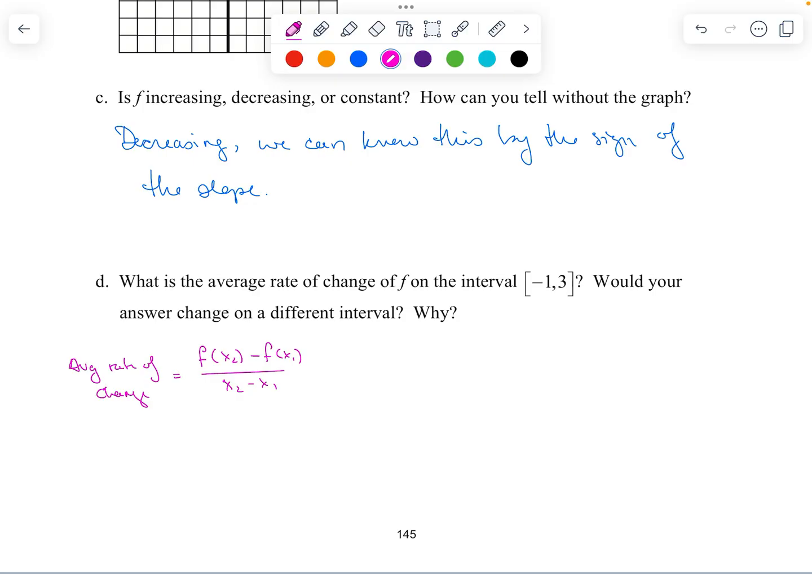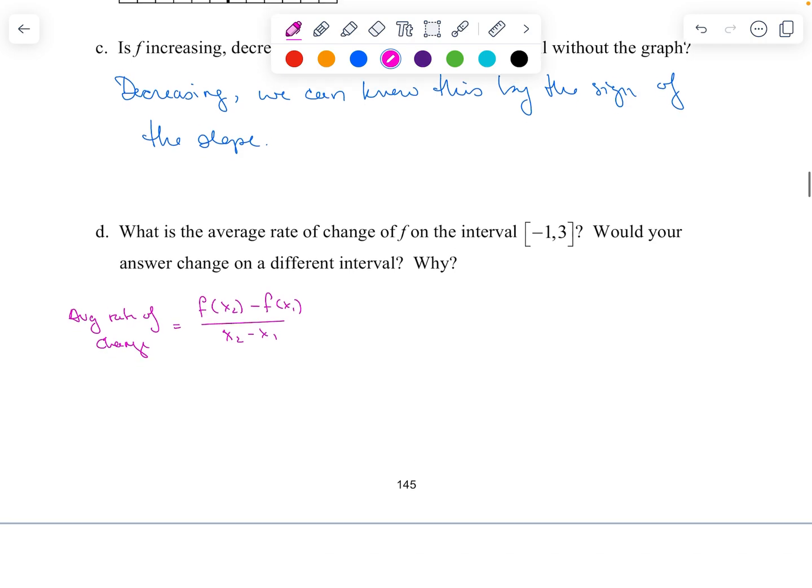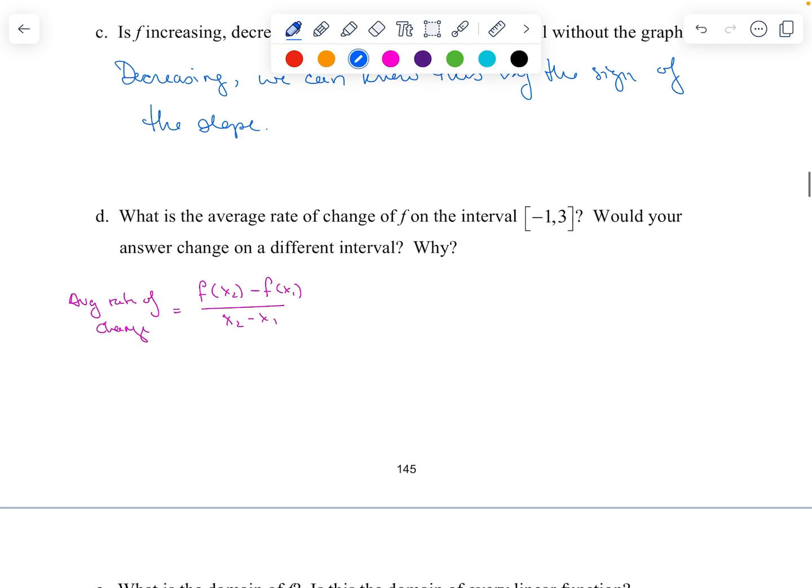And like I said, by convention, usually I'm going to have x2 be greater than x1, just to keep myself doing the same thing. So f of 3 minus f at negative 1 over 3 minus negative 1.